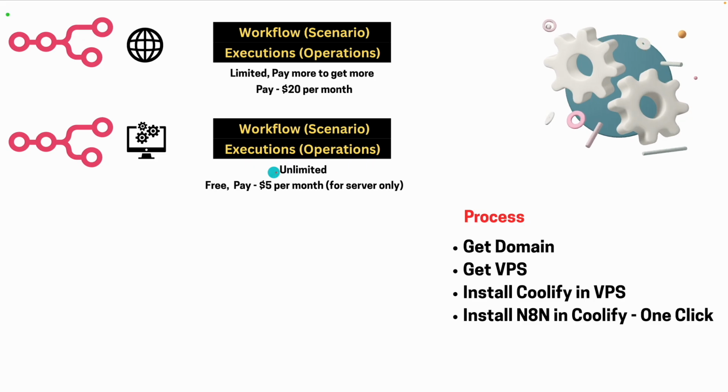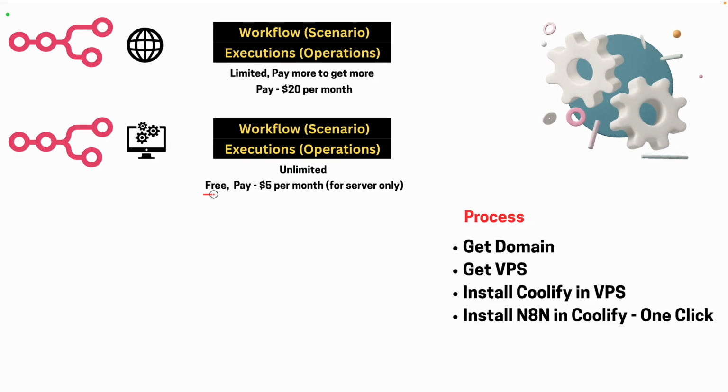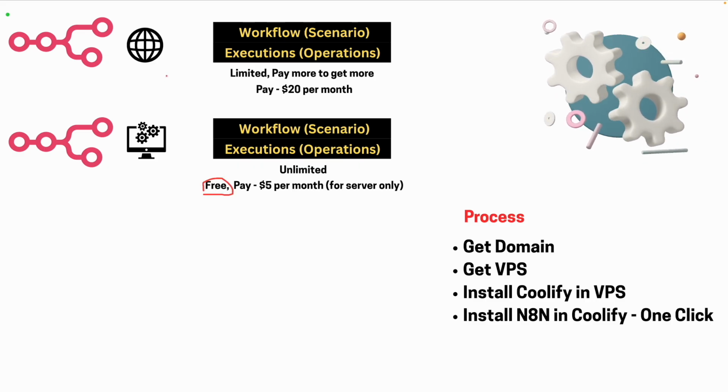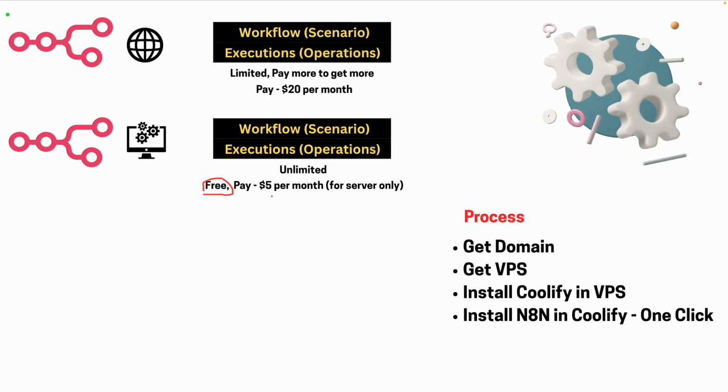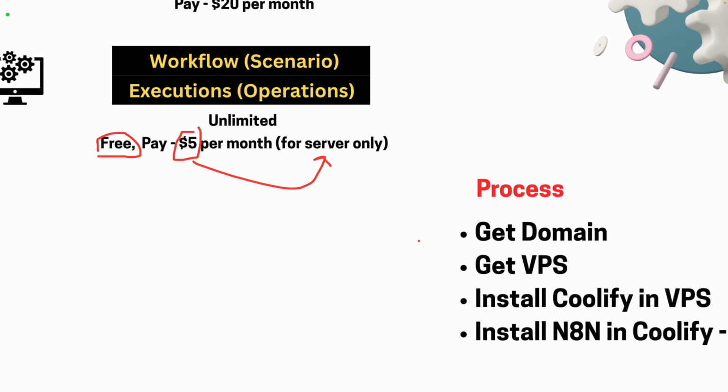The best part is that it is unlimited in the community version, and it is also free, along with all the benefits you are getting here. All you need to pay is the cost of the server, which is approximately $5. That's it. And the process is very easy.